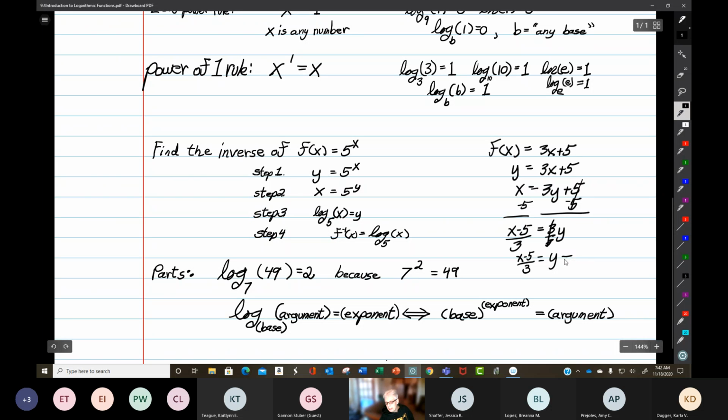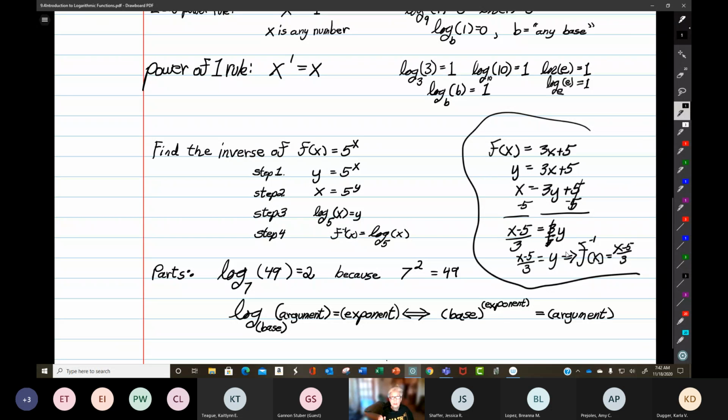And what this means is that the inverse function of f of x, which is written f inverse, f inverse of x equals x minus 5 over 3. This has nothing to do with the exponents over here, except we're going to use the same 4 steps to find the inverse of f of x equals 5 to the x power.